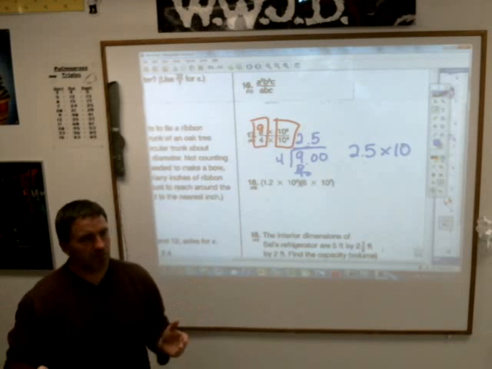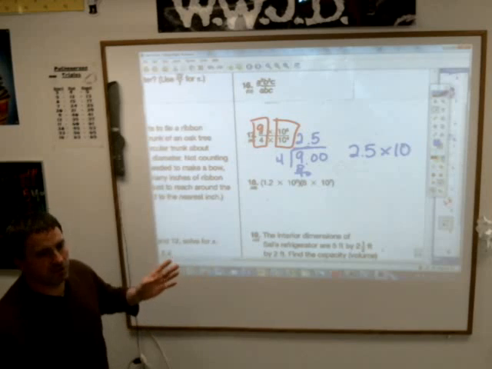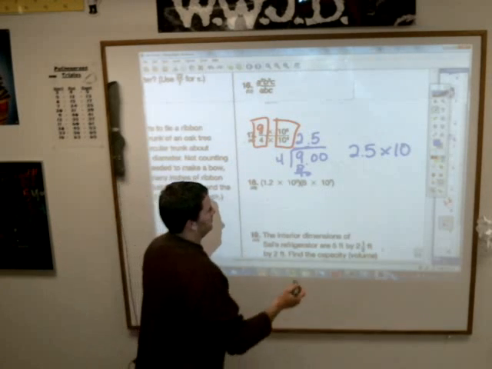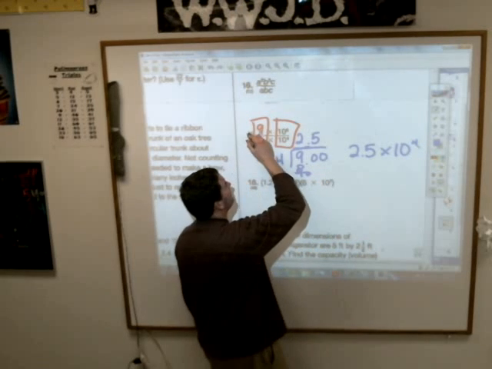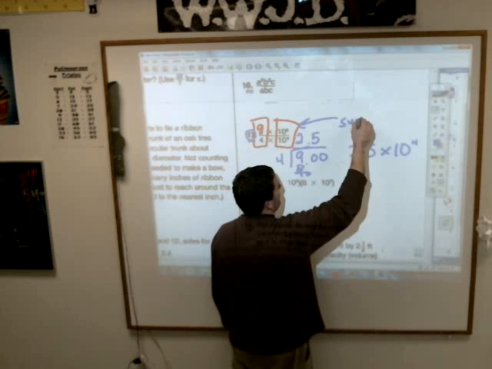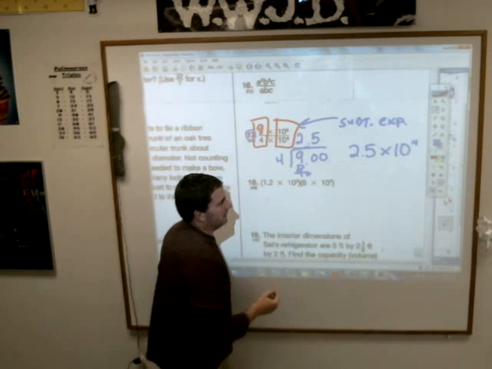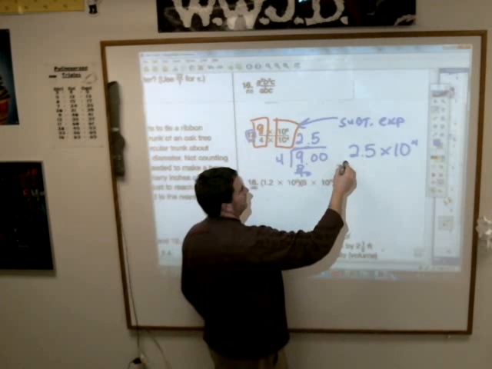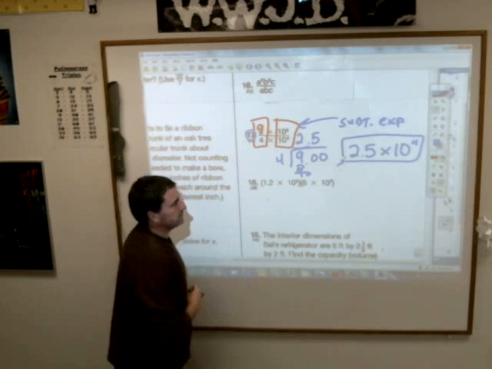When you divide numbers that have the same bases, what do you do with their exponents? You just simply subtract. 4 from 8 is 4. That would be the note I'd write to myself. I put a little thing there and say, make sure you subtract exponents. And then make sure that this answer is in scientific notation. It is, because 2.5 is between 1 and 10.